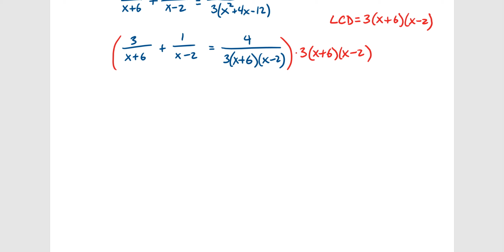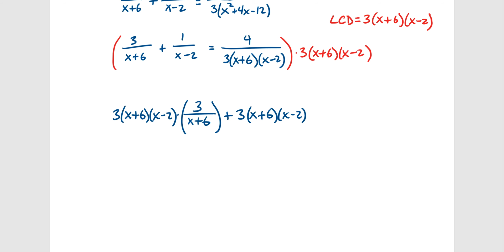Okay, so let's multiply that least common denominator by every term here. It's going to be 3 times x plus 6 times x minus 2 times that first term, 3 over x plus 6, and then plus that least common denominator times the second term, 1 over x minus 2.